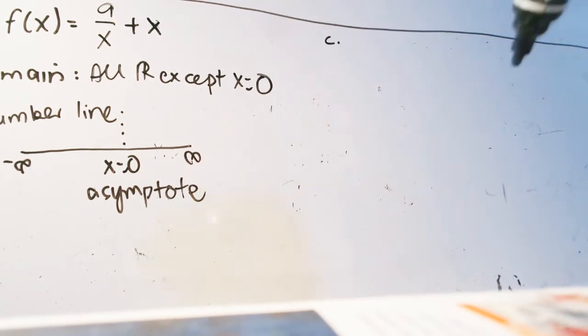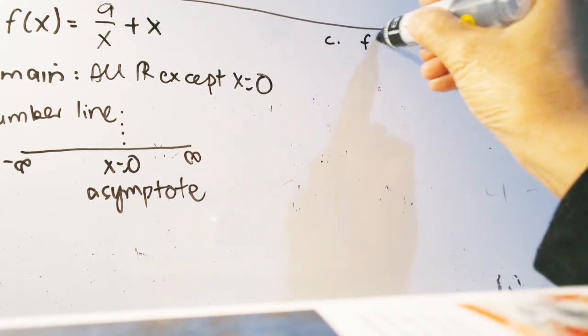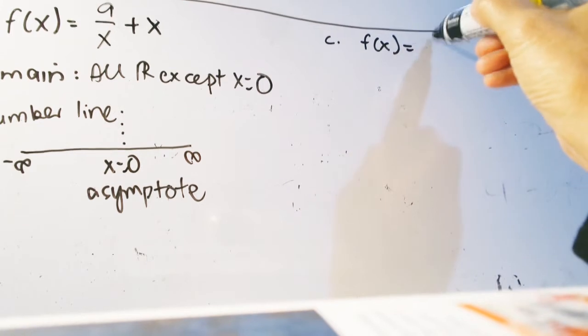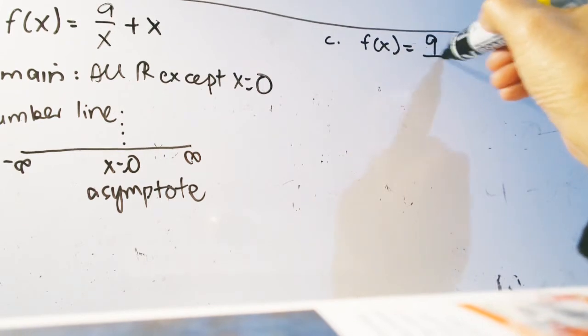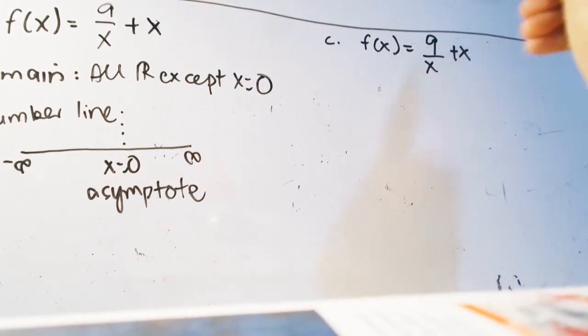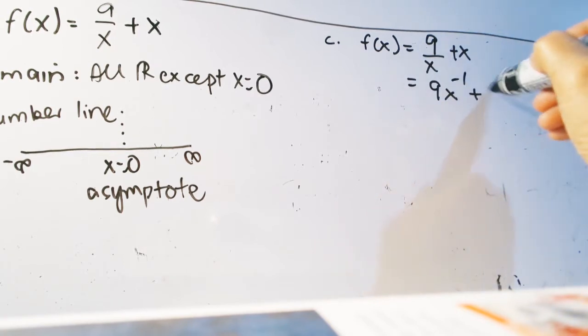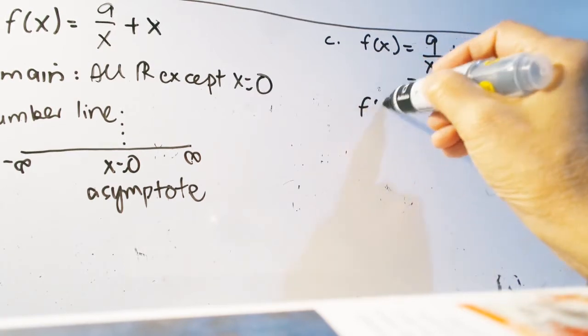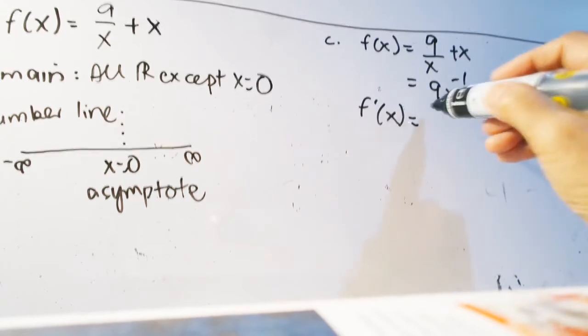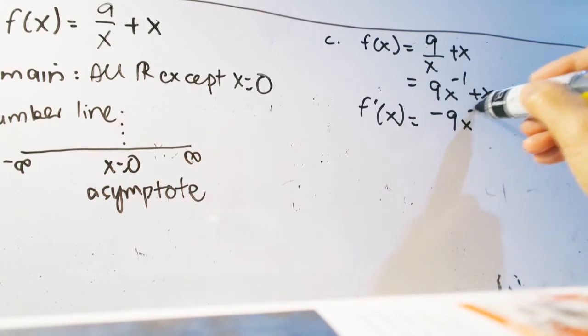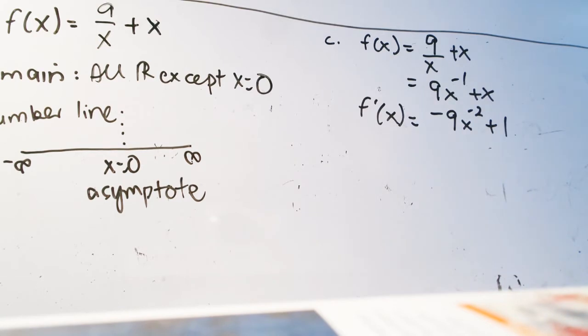If we want to know whether it's increasing or decreasing, we have to find the slope function. And slope function is f prime of x. So we have f of x equals 9 over x plus x, which is the same as 9x to the minus 1 plus x. Differentiate that, and we get minus 9x to the minus 2 plus 1.